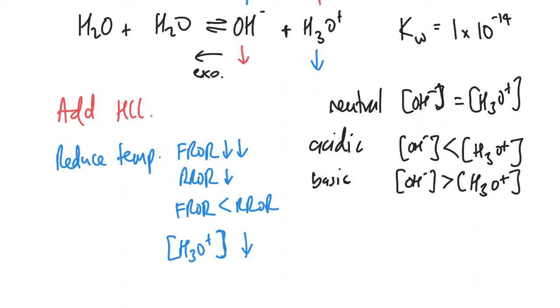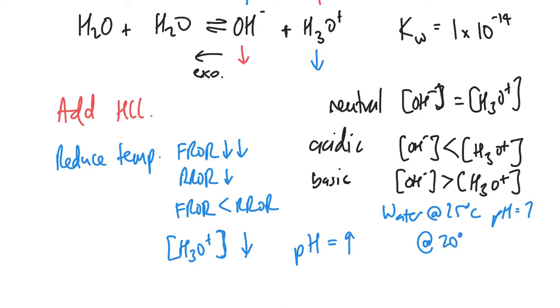If the concentration of H3O+ decreases, what happens to the pH? Increases. So, does that mean that if I take my water at 25 degrees Celsius, it'll have a pH of 7? If I then decrease the temperature, so now it's water at 20 degrees Celsius, the pH is now 7.3.